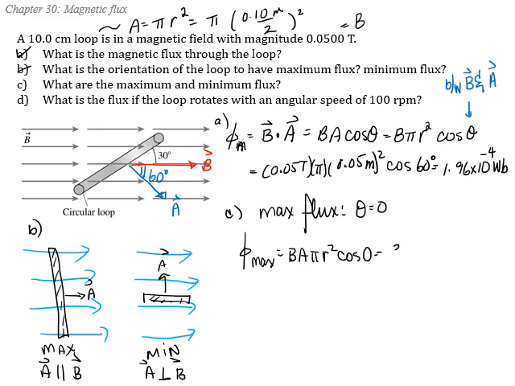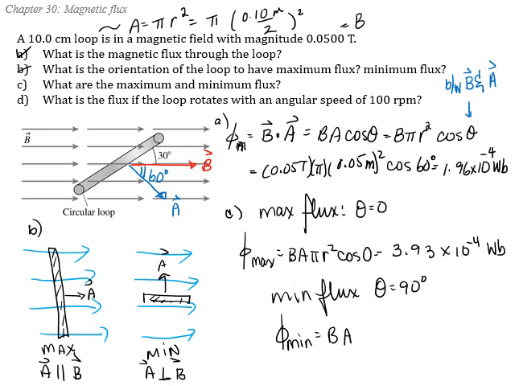That works out to be 3.93 times 10 to the minus 4 Webers. Minimum flux is when theta equals 90 degrees and magnetic flux equals B times pi r squared cosine 90 equals 0. Minimum flux when no lines cut through at all.